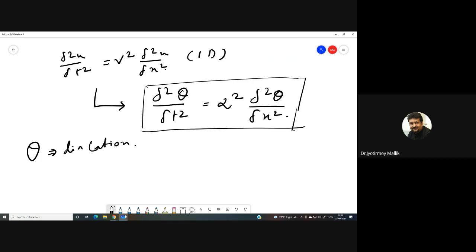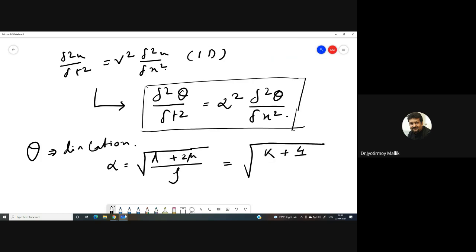So this is dilation, and alpha is the velocity of the P wave in 3 dimensions, and that can be written as root over Young's modulus plus 2 shear modulus by rho, or this can be further simplified as root over bulk modulus plus 4/3 shear modulus by rho.